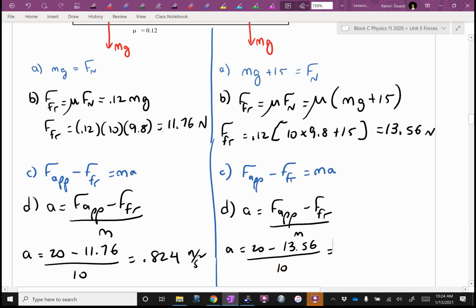Ethan, what's 20 take away 13 in your head? 7. What's 7 take away 0.5? 6.5. Take away the 0.06, 6.44. You know what 6.44 divided by 10 is? 0.644. I'll bet you. Is that right?